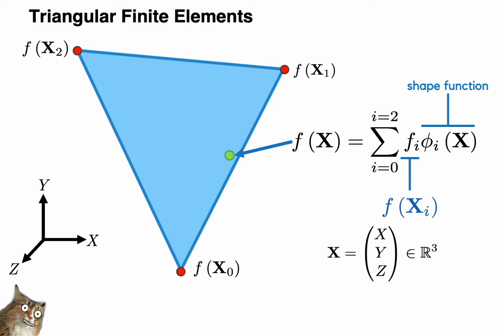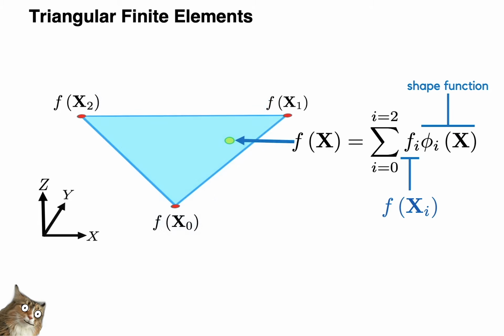As we did for a tetrahedron, we can now try and derive a formula for our shape functions. And as before, we will need to introduce the constraint that all our shape functions sum to 1 in order to be able to make any progress.